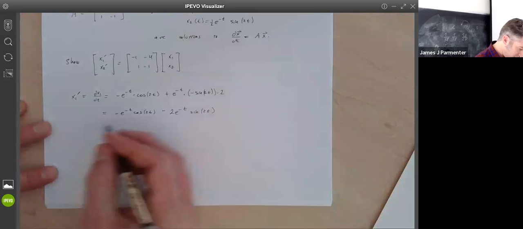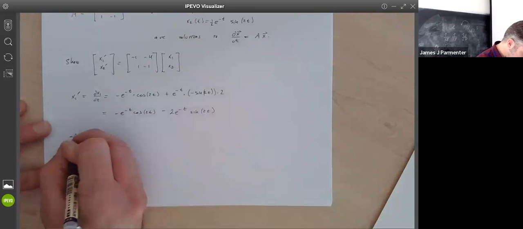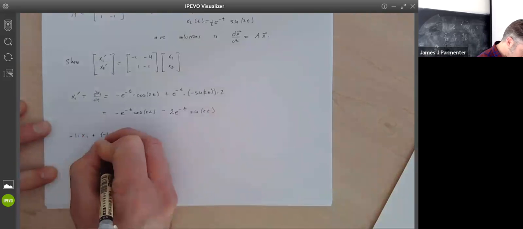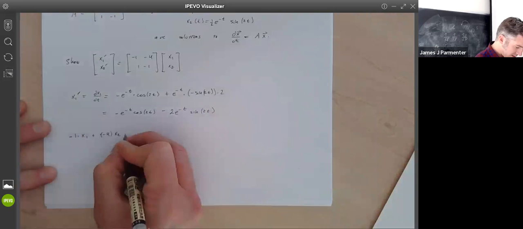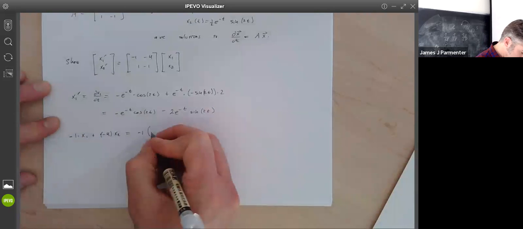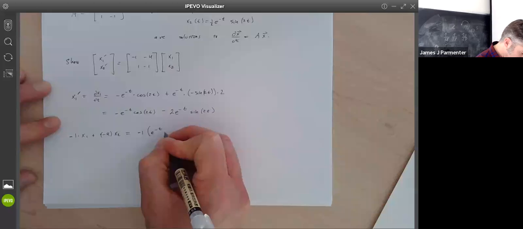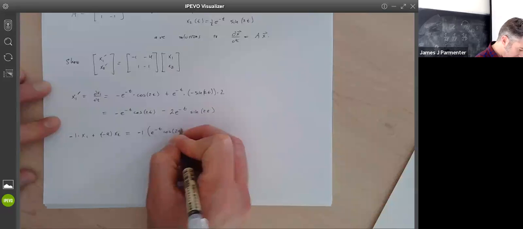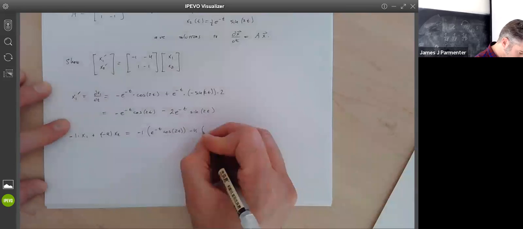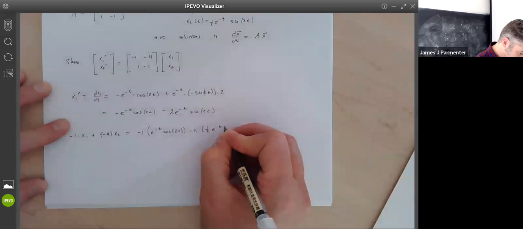So this should equal -1 times x1 plus -4 times x2. Let's check and see. So -1 times x1 is -1 times e to the negative t cosine of 2t, and -4 times x2 is -4 times 1/2 e to the negative t times sine of 2t.